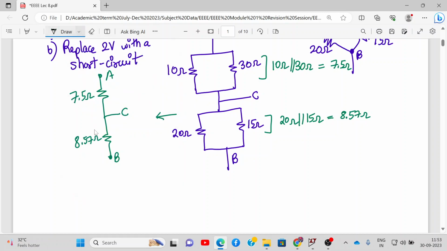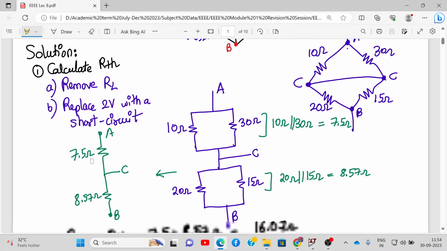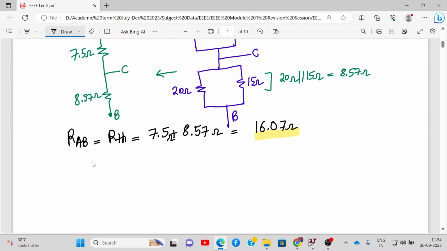So RAB, which is equal to RTH, is 7.5 plus 8.57 ohms, and that will come out to be 16.07 ohms. So that is the value of Thevenin's resistance. Alright. So next we will calculate VTH.